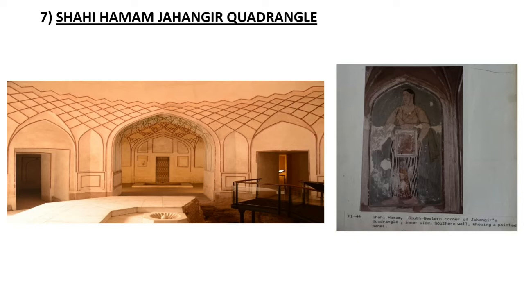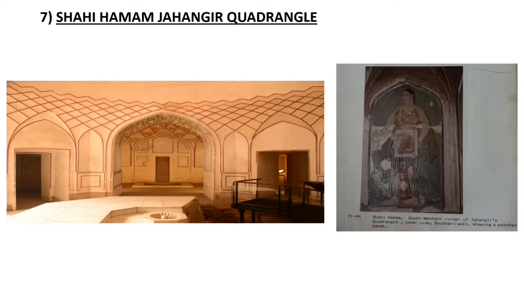When they captured it and the paintings were defaced here, again during the Sikh period paintings were done, and the technique used for the mural paintings under the Sikhs was fresco secco.